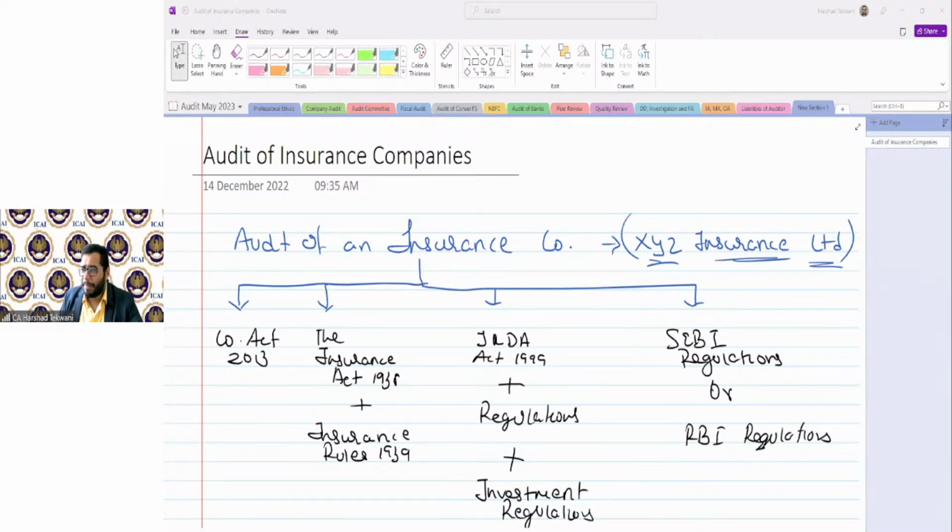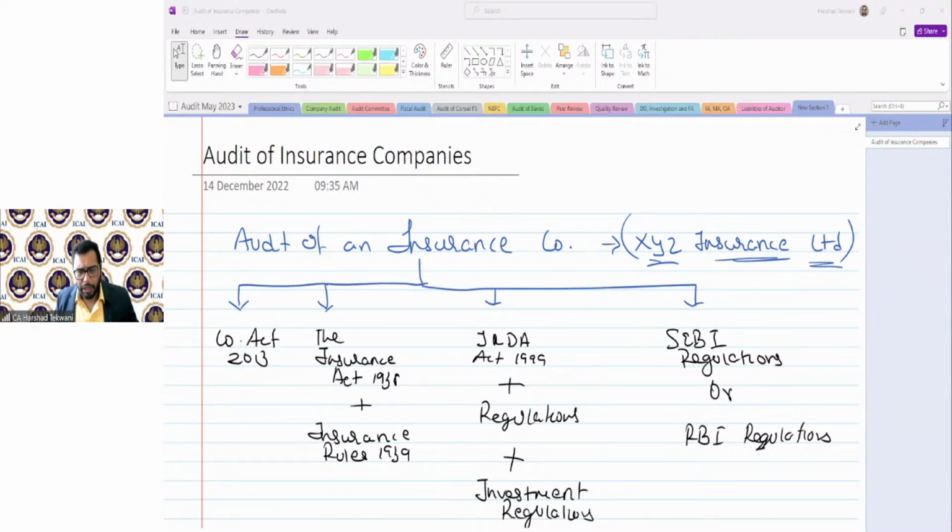You need to understand whether these will be applicable or not. Okay, good, Bonnie. Do you think RBI will govern an insurance company, or SEBI regulations?